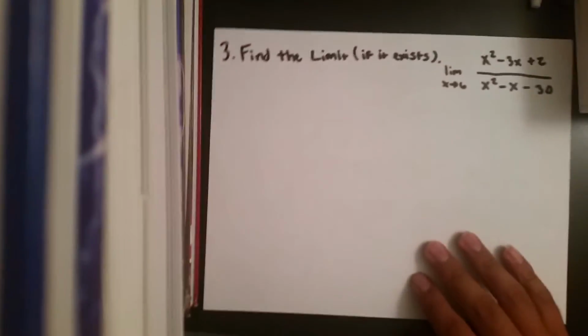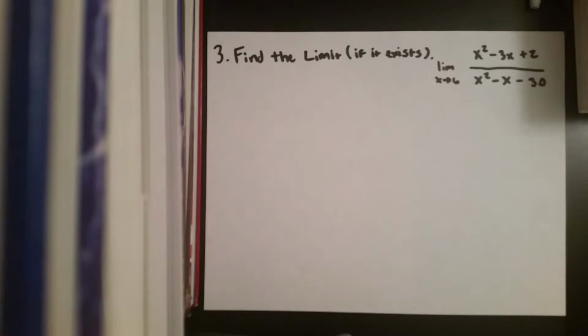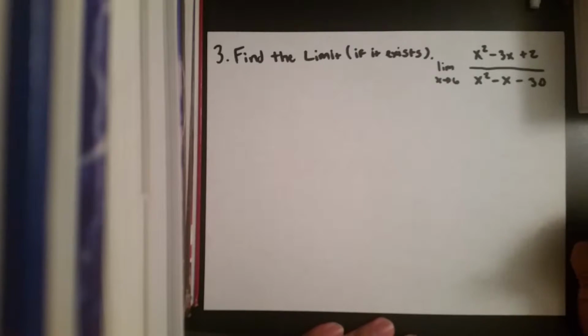Moving on, we got 3. Another simple one, find the limit. The thing with this though is it does not exist. And the reason for that being is if you were to plug in 6 at the bottom, we would end up with a 0 in the denominator, and that would be undefined and it would not exist.